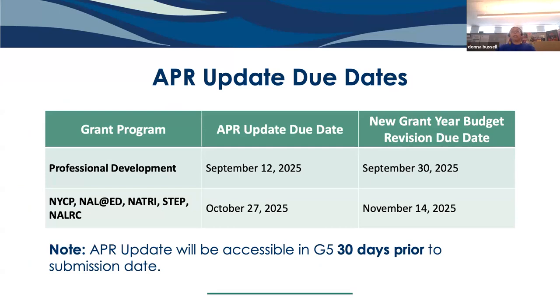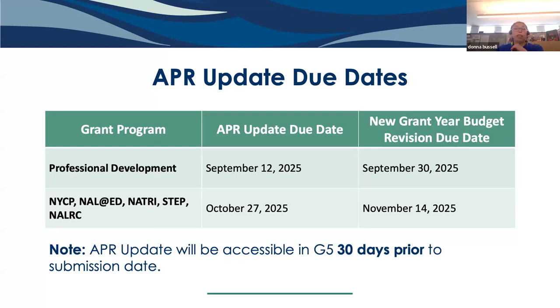So here's our APR update due dates for professional development. You will have your due dates for any of the APR data that you have by September 12th. And then your new grant year budget revision will be due September 30th.